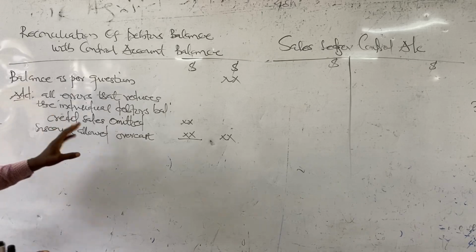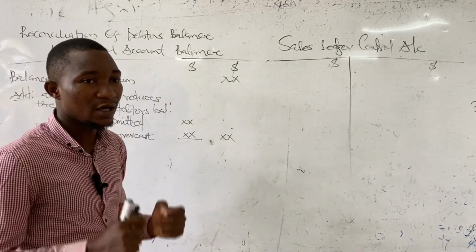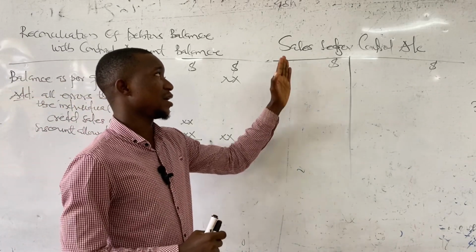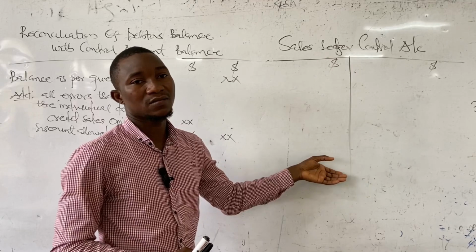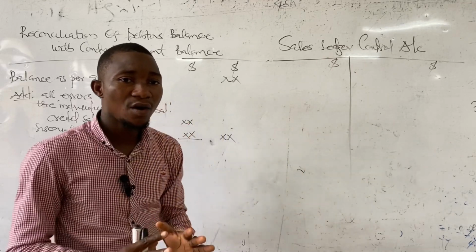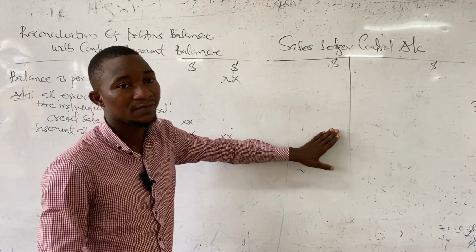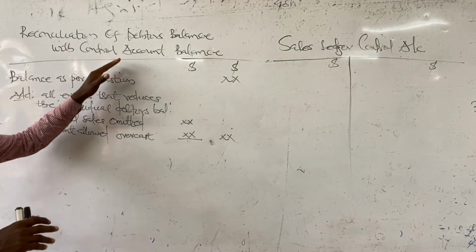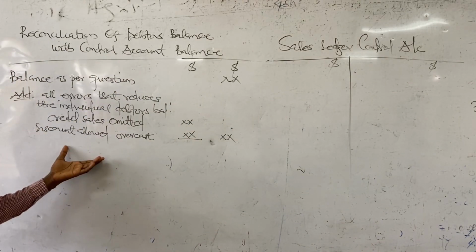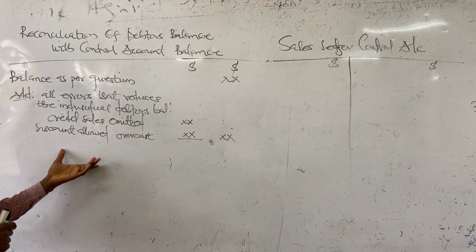And any error that affects the control account itself should be corrected in the sales ledger control account. So if an error affects the control account, it should be corrected in the control account. If an error affects the individual debtors balance, it should be corrected in the reconciliation of individual debtors balance with the control account balance. It should be corrected over here.